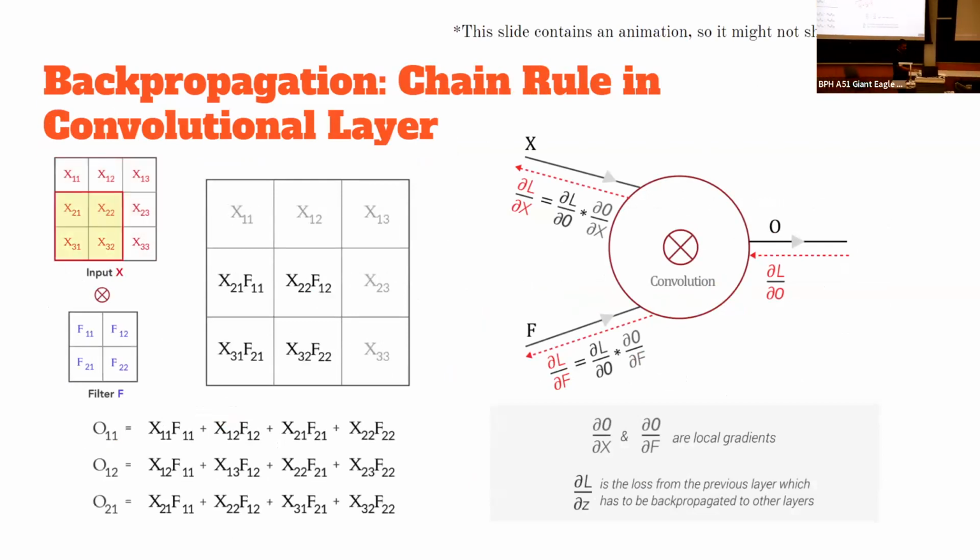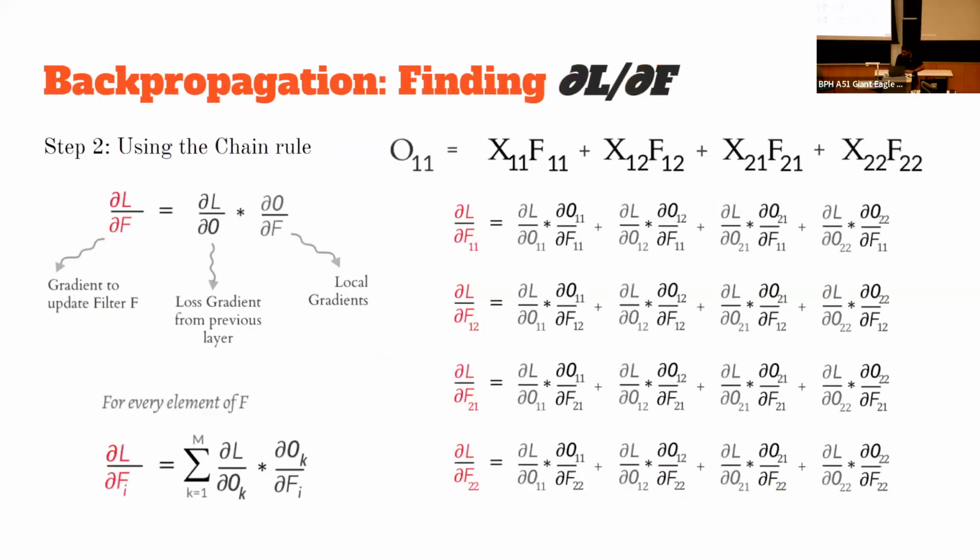This is precisely why we have 4 terms in dL/df11: f11 interacts with the outputs O11, O12, O21, and O22. You can look at these slides to understand deeply, but this is how we write the chain rule. If you draw the influence diagram, O11, O12, O21, and O22 are influenced by F11, and the outputs influence the loss. So it's just the chain rule that we are doing again.